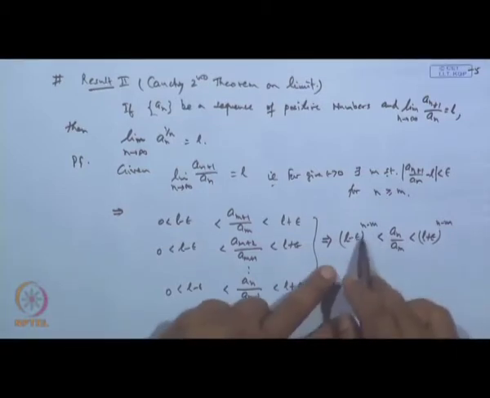Now, divide by (L minus epsilon) to the power minus m.